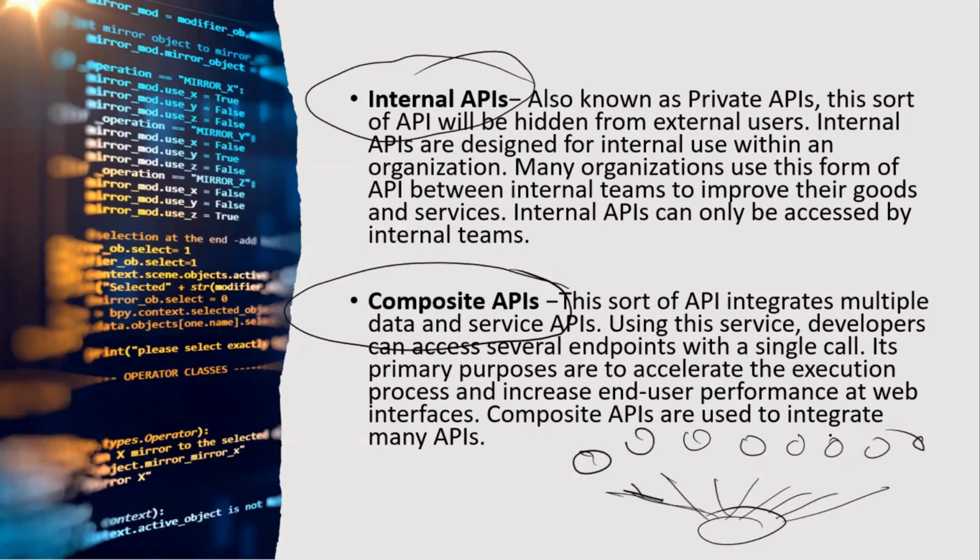In case I have 10 different services that I want to access from a single region, I use a Composite API, where a single API will call them together.